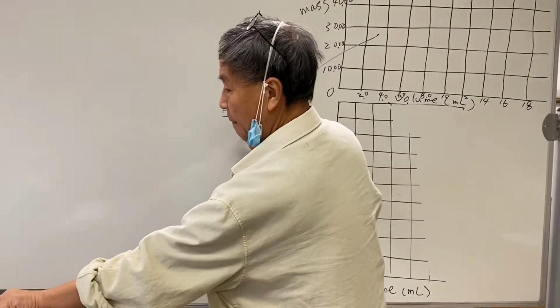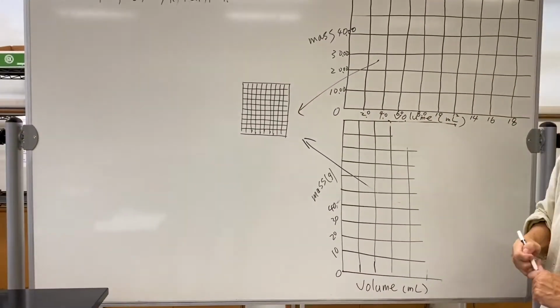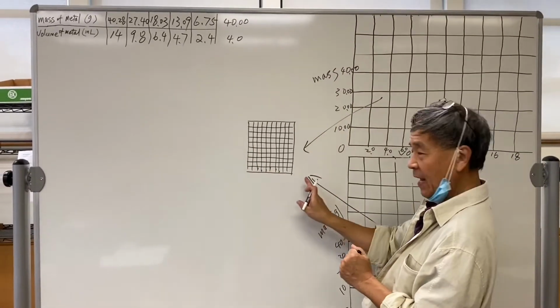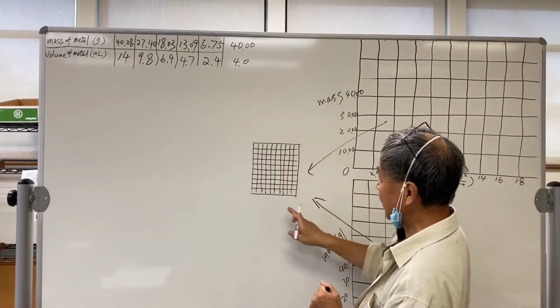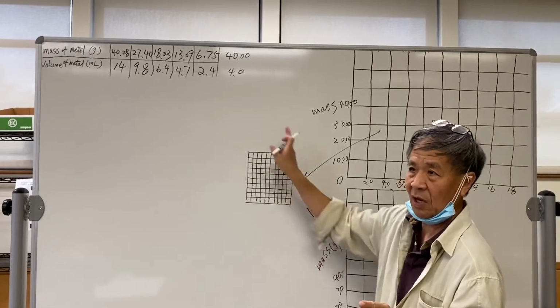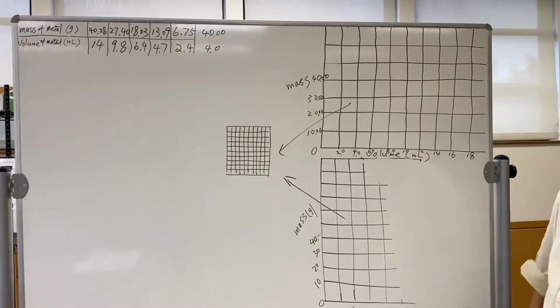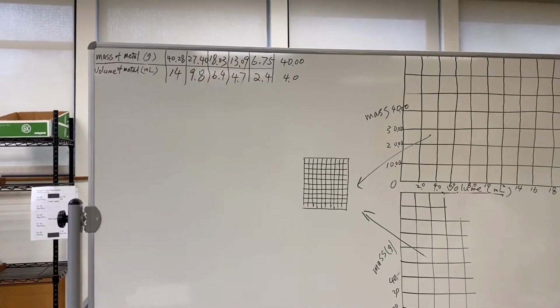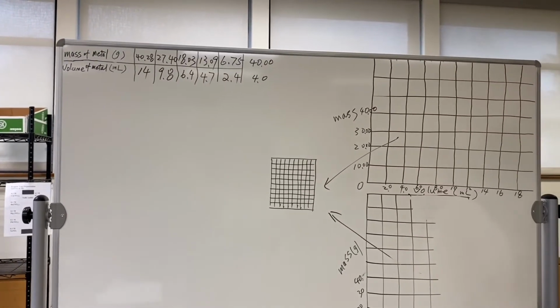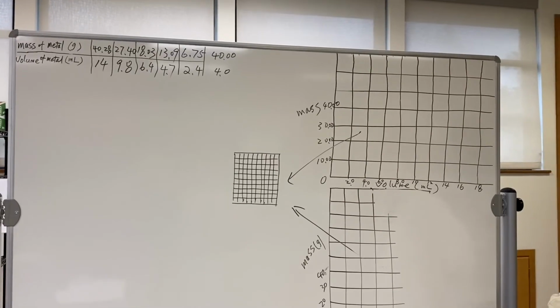This one is also divided into 10 columns and 10 rows for our work. So we're going to start with our first piece of data, and in volume, it says 14.